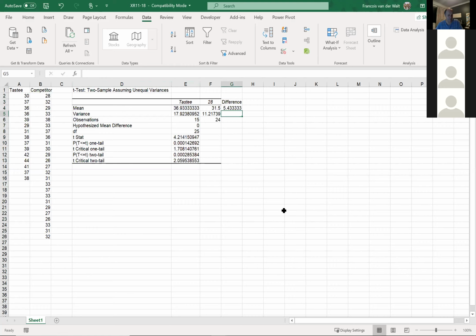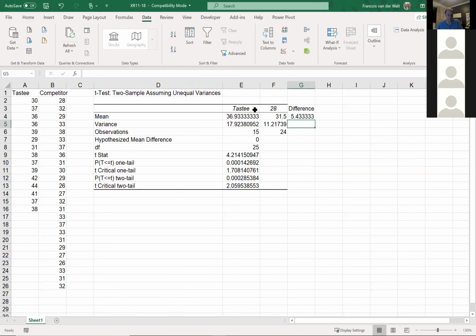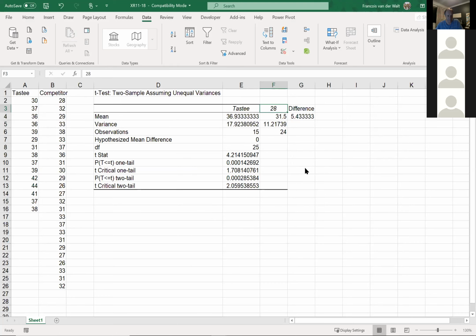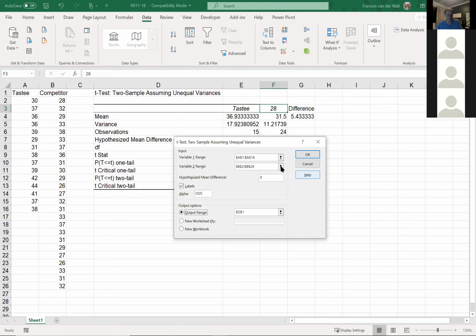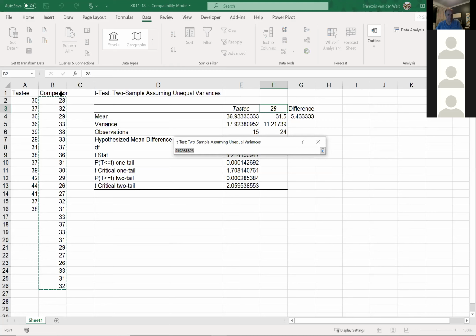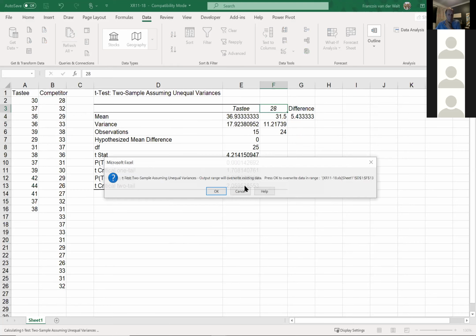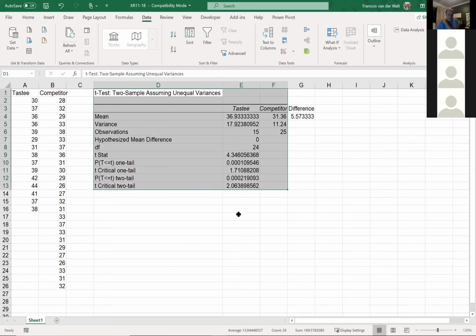I must have missed that, I missed the competitor. Yeah. So let me just do it again. This one, I didn't select competitor. Click on OK. Okay, so that's the difference.